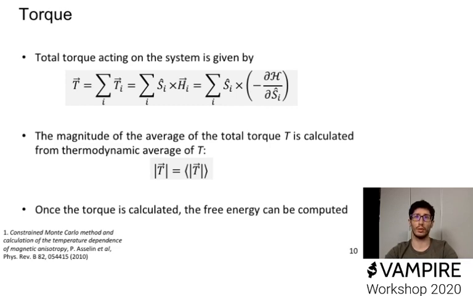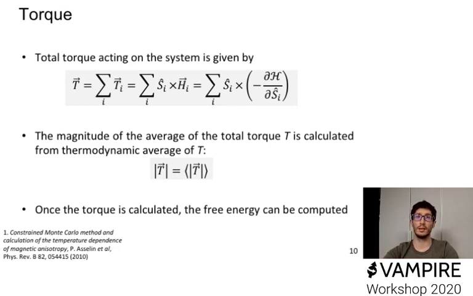So the torque is actually the sum over the torque that acts on each single spin, which is this sum over i of T_i, and the torque that acts on each single spin is the cross product between the effective field and the spin i, where the effective field, which comes from the Hamiltonian, will have all the contributions to the internal energy, which can be exchange, anisotropy, an external field, and so on.